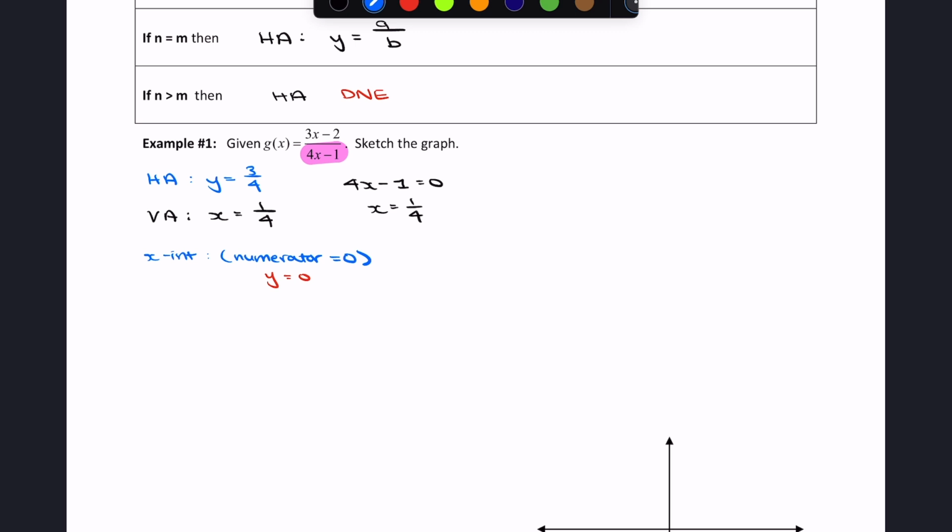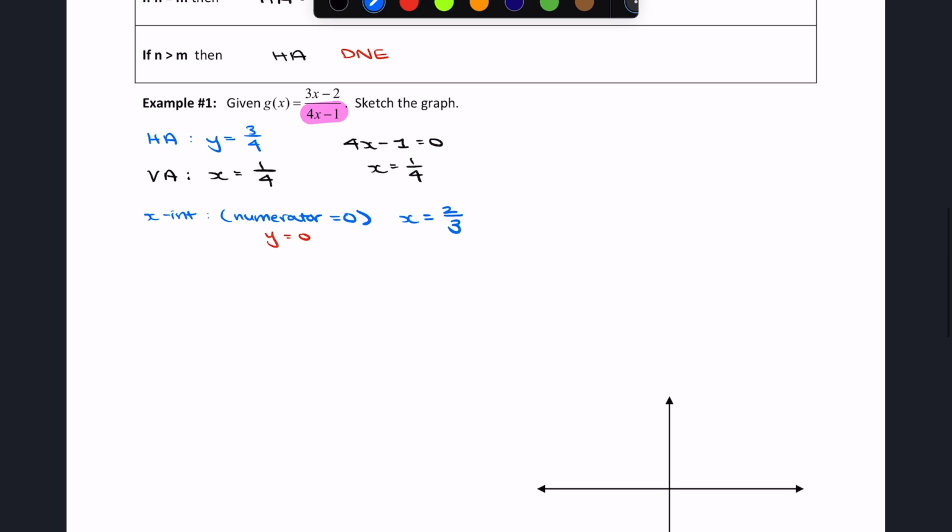So therefore here we have 3x minus 2 is equal to 0, and x is equal to 2 over 3. We also have our y-intercept when x is equal to 0. And so that's 3 times 0 minus 2 over 4 times 0 minus 1, or -2 over -1, which gives us an answer of y is equal to 2.